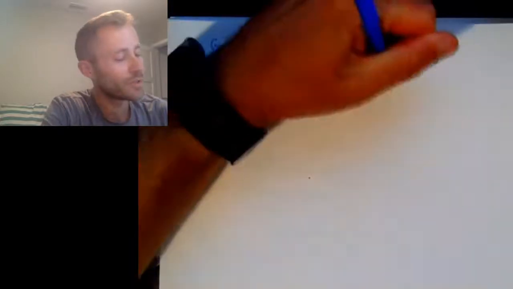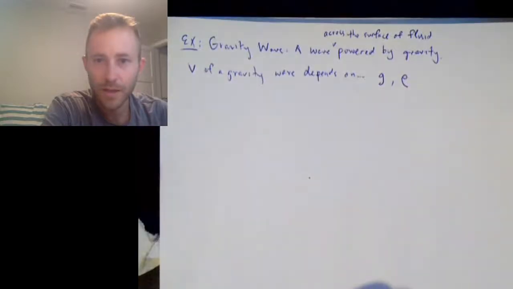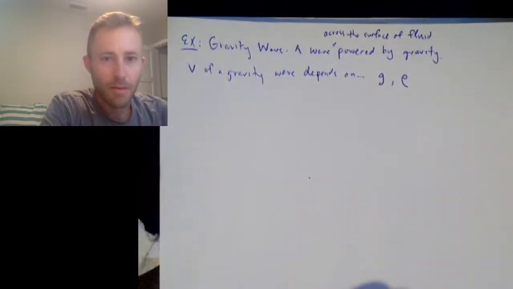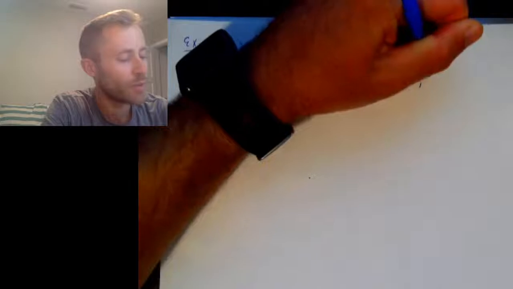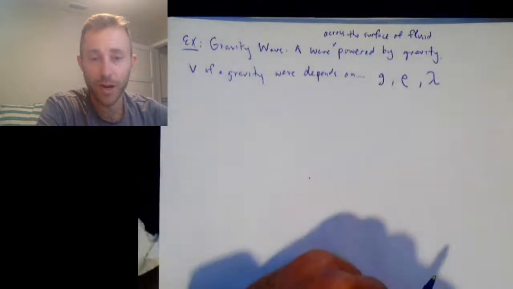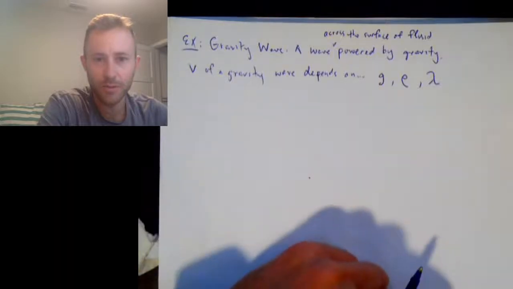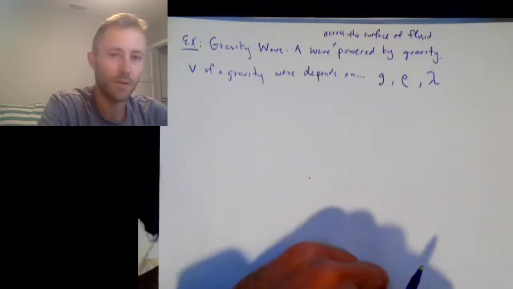We know it depends on the density of the fluid. All right. And we know it depends on the wavelength of the wave. So these are the three things that the speed of a gravity wave depends on. And if we didn't know that, we could kind of guess that these are the important things that determine the speed of a wave. All right.